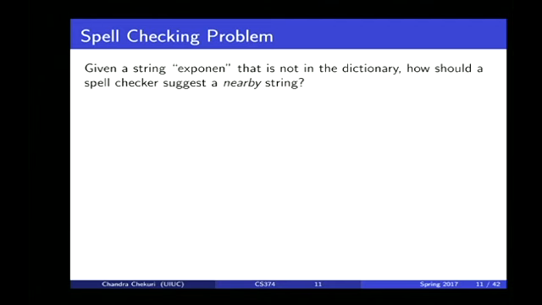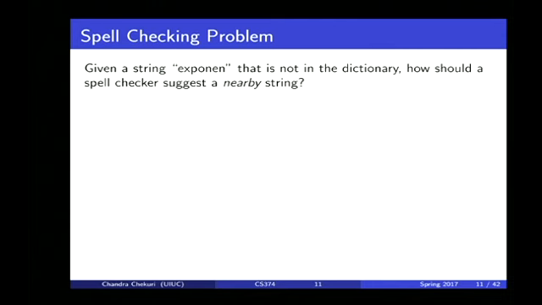To motivate it, many of us are used to this these days especially. We start typing in Google and it starts telling us what we should type. Before, they used different techniques, but a natural question that comes up in spell checking, which is a very old problem, is: if I have a string in English and it is not in the dictionary, what is the closest word in the dictionary?